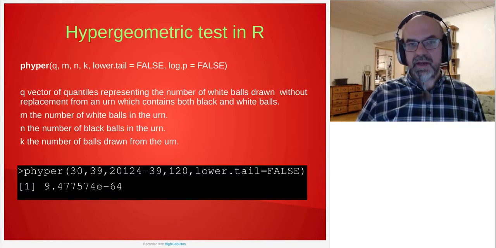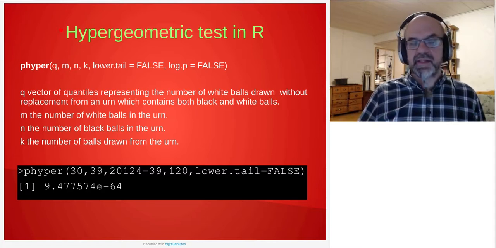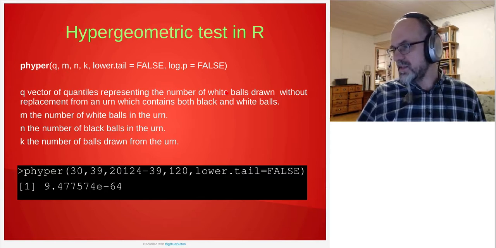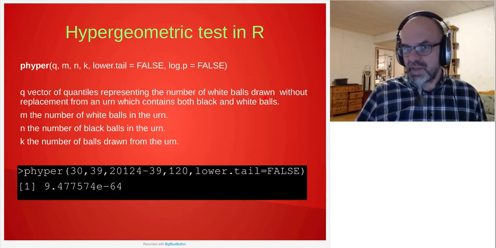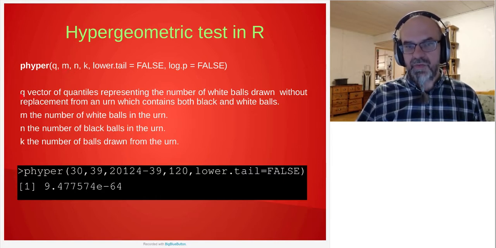Okay, so in R, because the hypergeometric test is just a general statistical test, it is available as phyper, and you have to provide exactly these parameters. Q is the vector of quantities representing the number of successes.